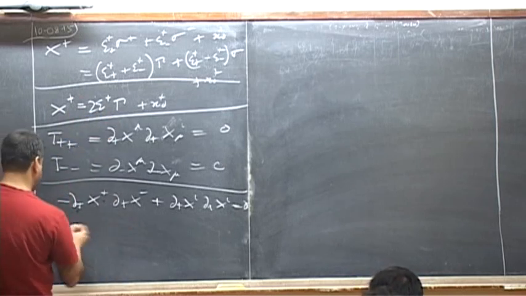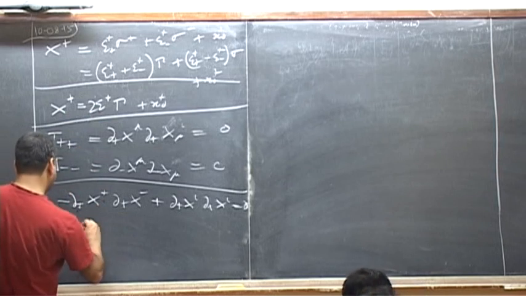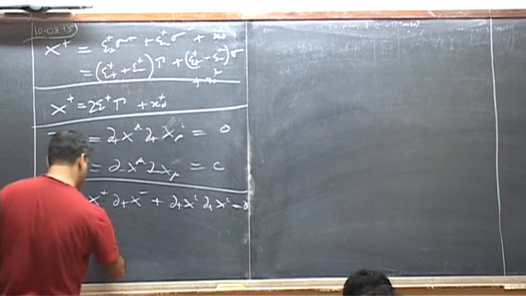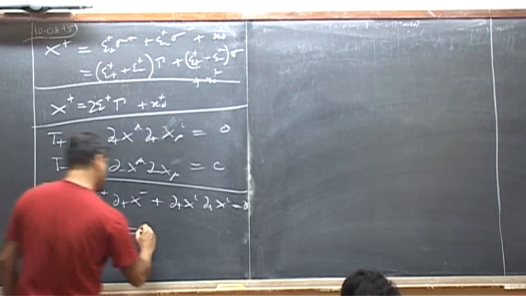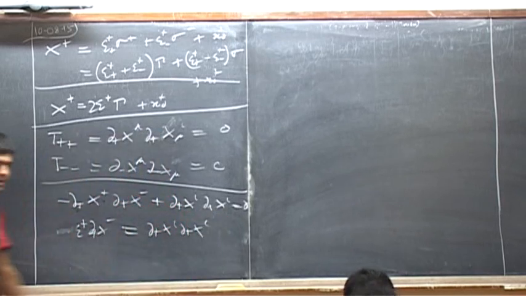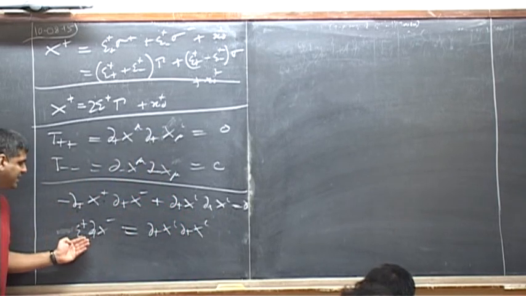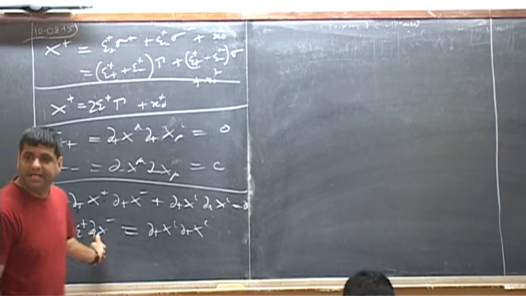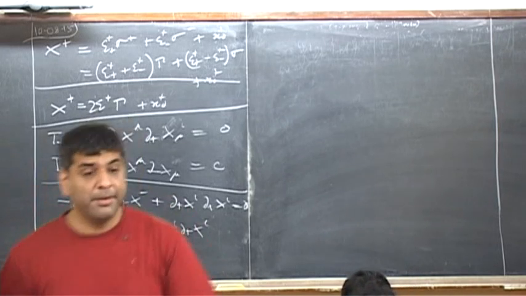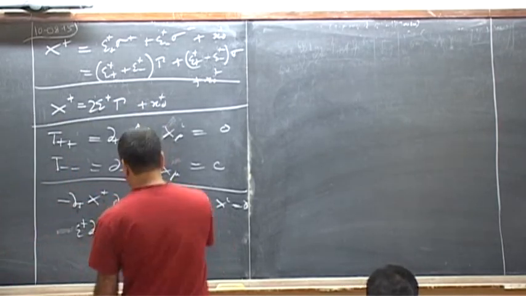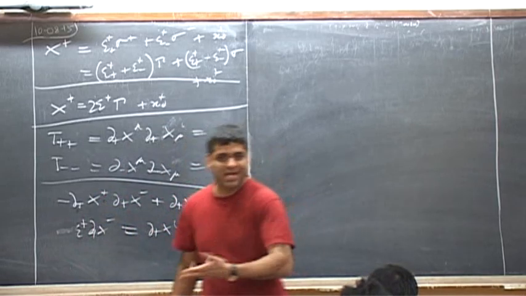So this is minus of zeta plus times del plus x minus is equal to del plus xi. Now this is just some constant, some number.